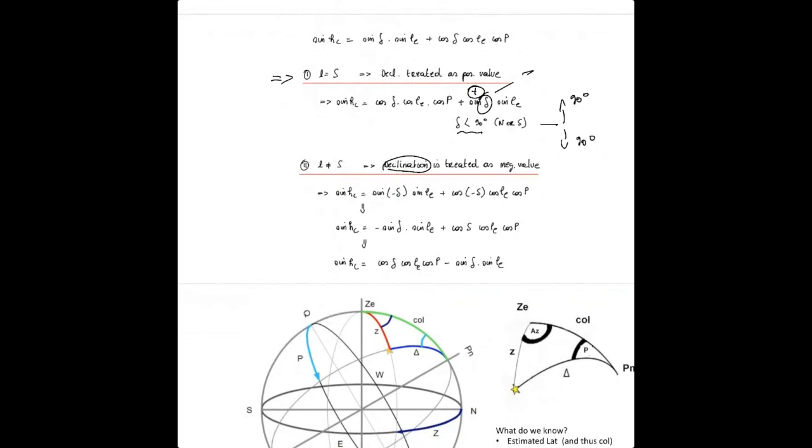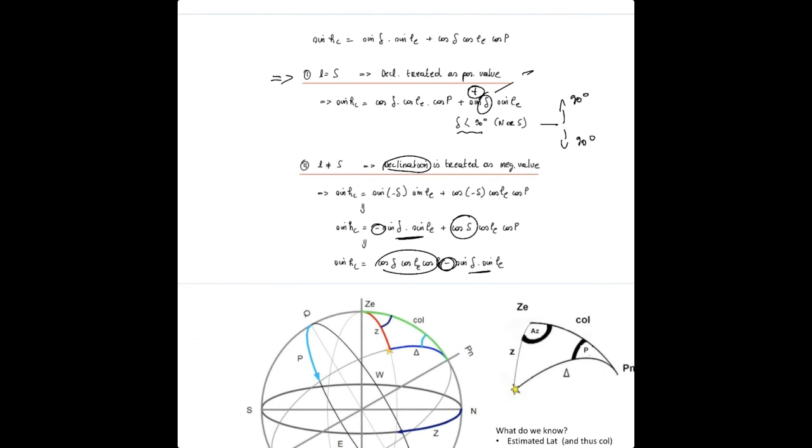Okay, if latitude and declination have a different name, declination should be treated as a negative value. So if you fill this out in this formula, you see that the sine of a negative value is negative, and the cosine of a negative angle is also always positive. Okay, so here you see that you need to subtract this value from this value here.